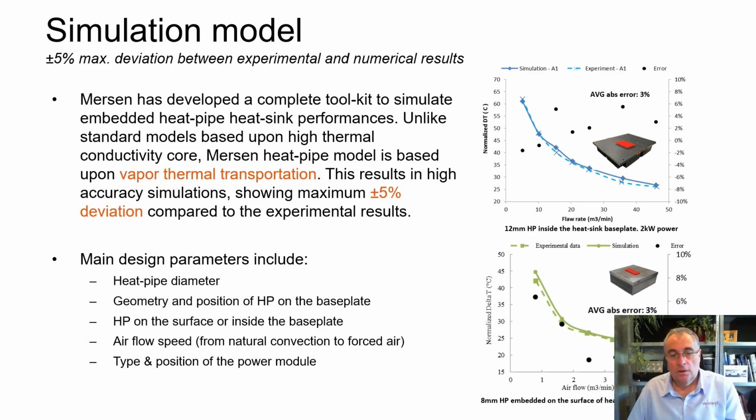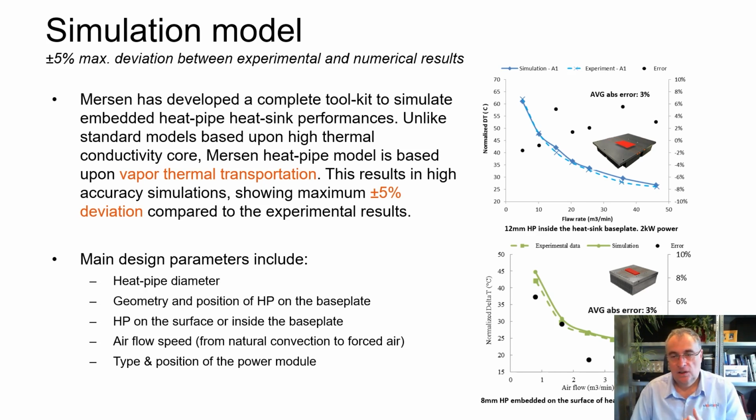Another important point was to demonstrate how simulation can help, because it's not just a question of manufacturing it, but being able to anticipate the performance of these devices. Here we have developed a very special toolkit to simulate that, which is not based upon thermal conductivity code as usual, but rather on vapor thermal transportation modeling.